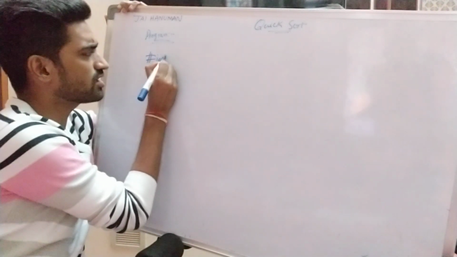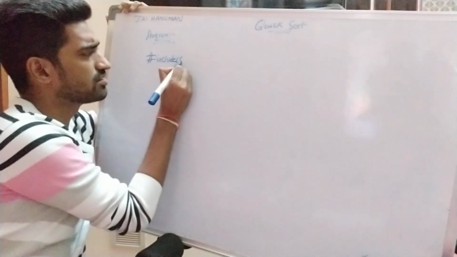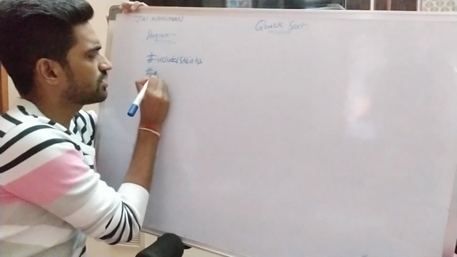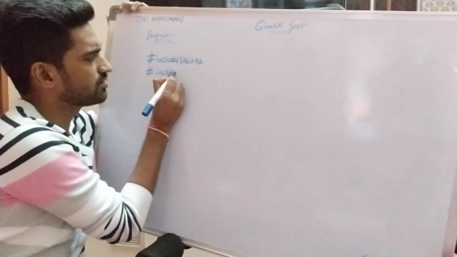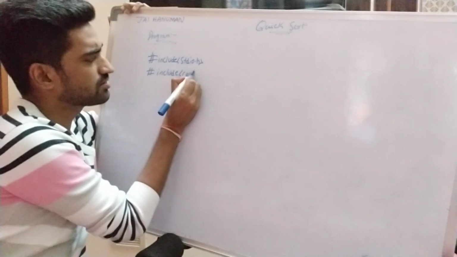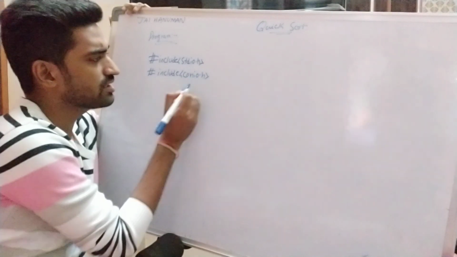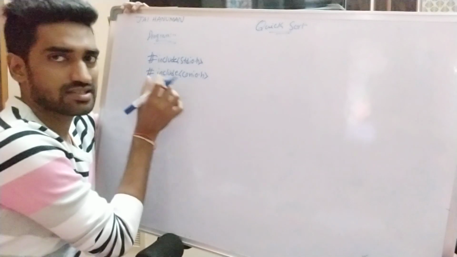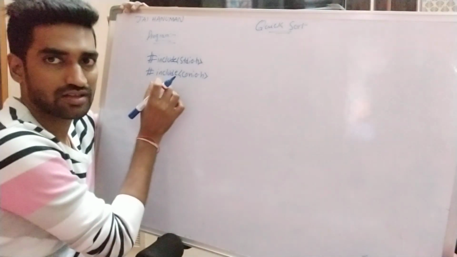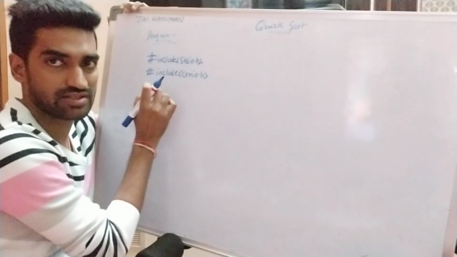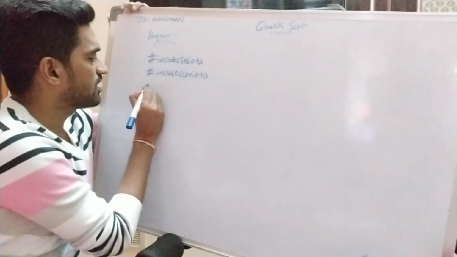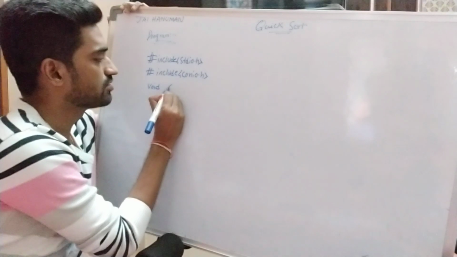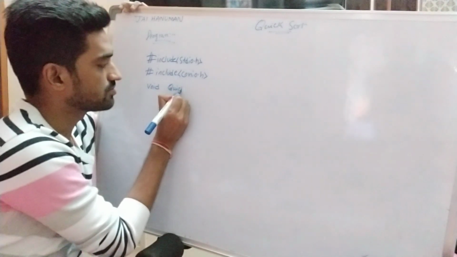For every program, we compulsorily write two header files: the input output header file, the console input output header file. Then I am creating one function that can be declared in the declaration and definition section. Here I am creating one user defined function, quicksort.